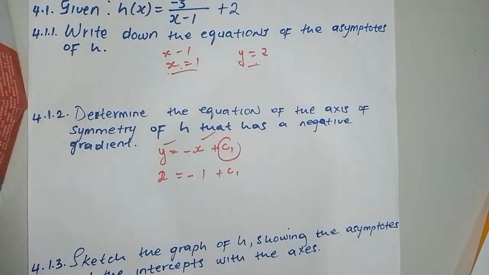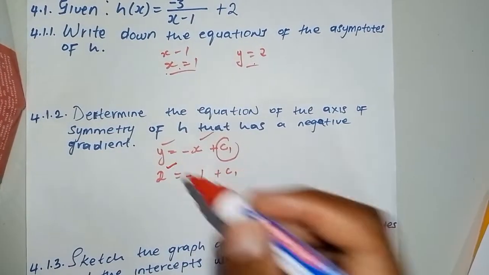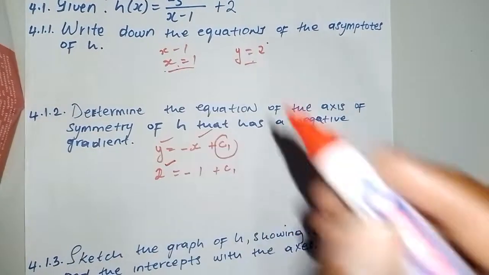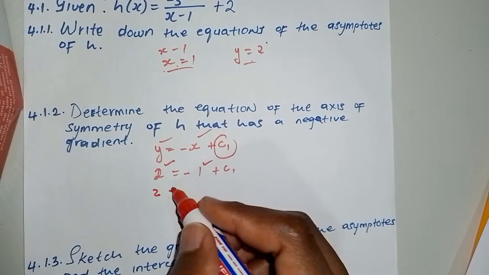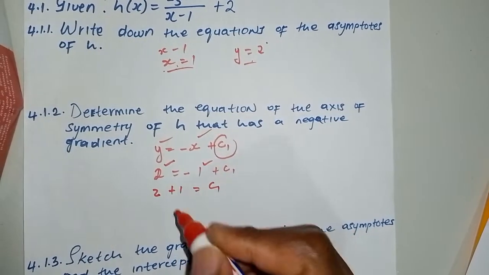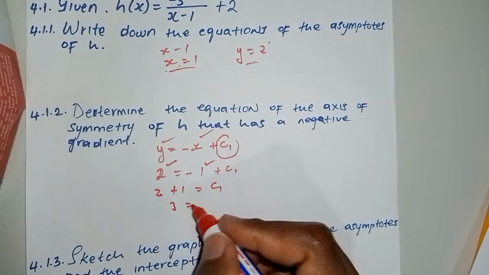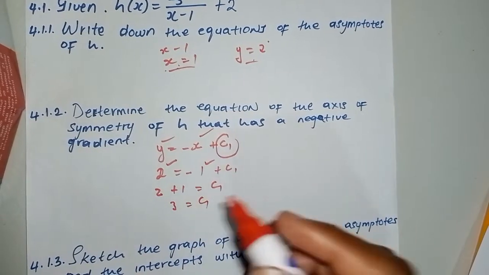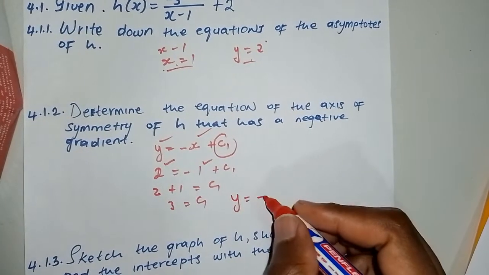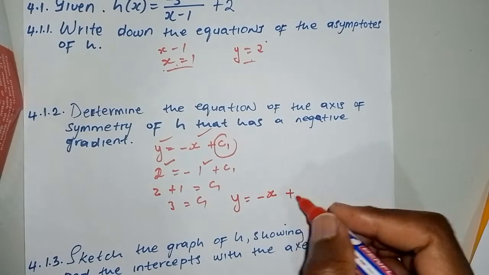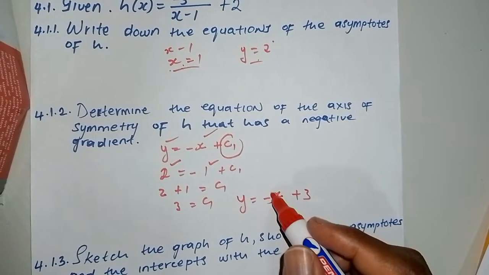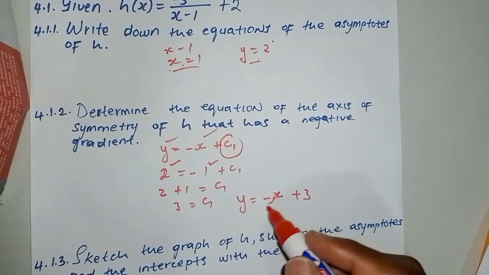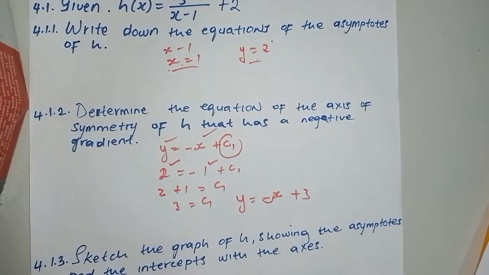So this is my first asymptote, 2, and then 1. Take this to the other side: 2 plus 1 is equal to c1, so c1 is equal to 3. Now rewrite the equation: y is equal to negative x plus 3. That is my equation with a negative gradient.